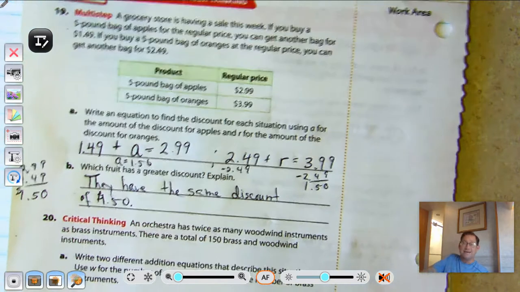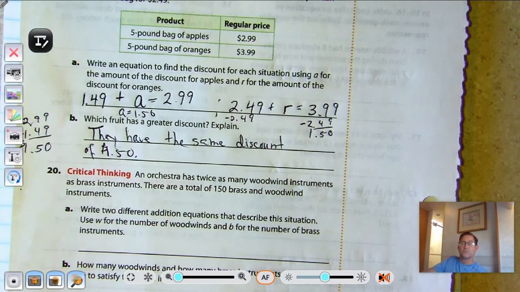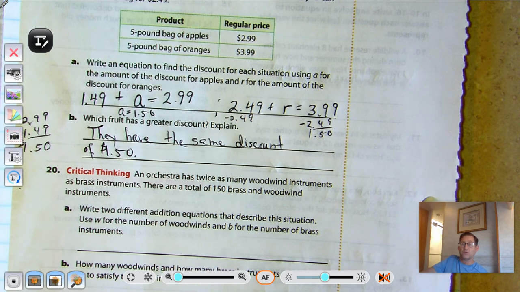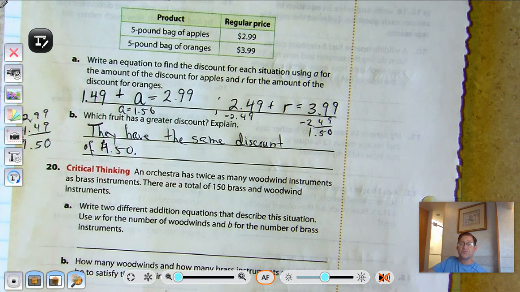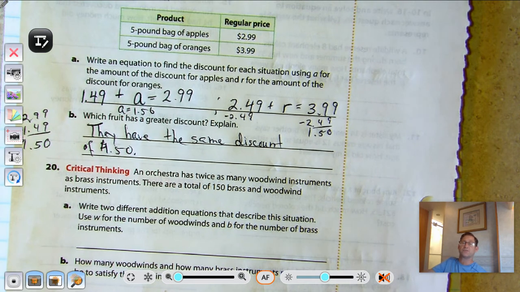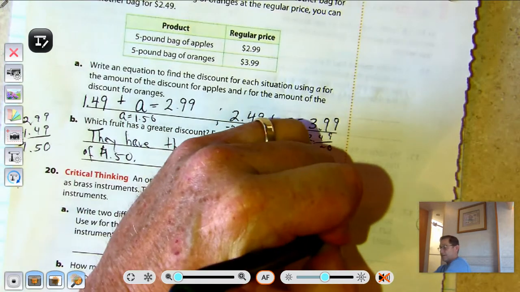Right, 20A. An orchestra has twice as many woodwind instruments as brass instruments. There are a total of 150 brass and woodwind instruments. Write 2 different addition equations that describe this situation. Well, let's do some basics.